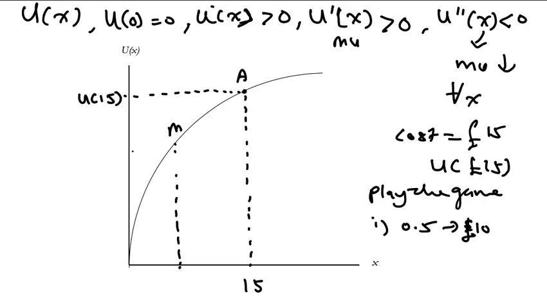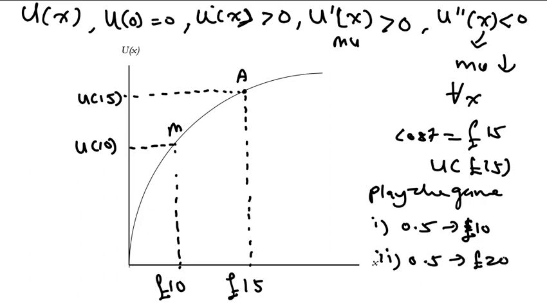So this is M, and receiving 10, the utility of 10 is here. The second possibility of playing the game: 50% he will receive 20. That is shown by point N here. So 20 is here, and the utility is here.